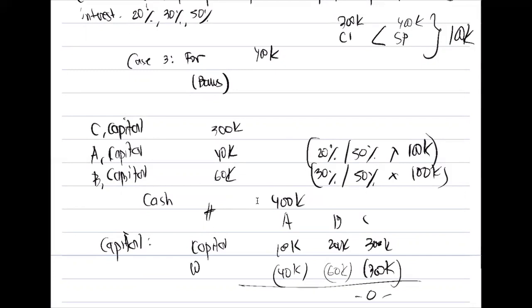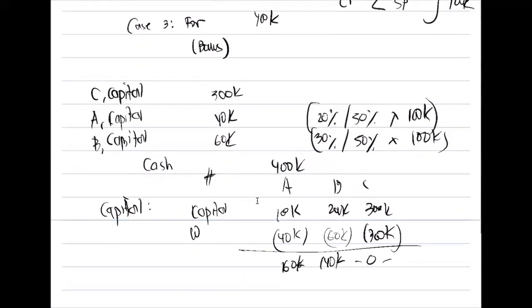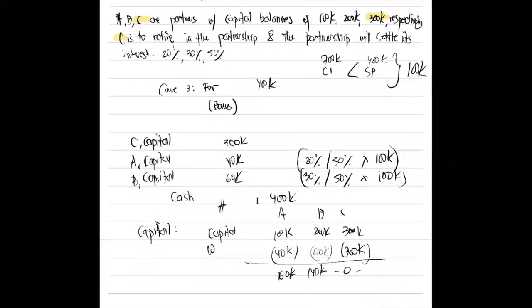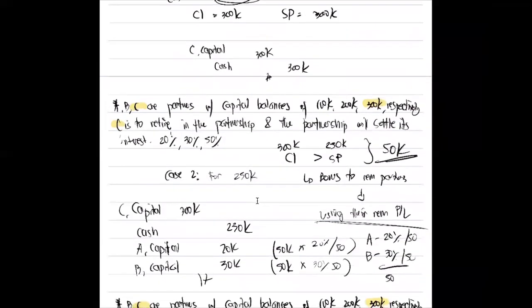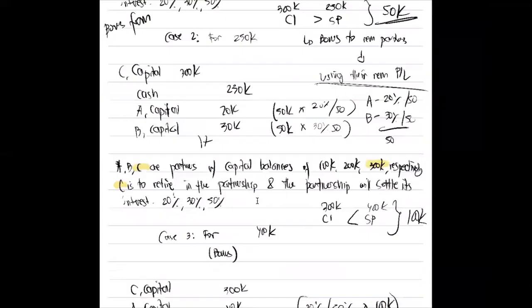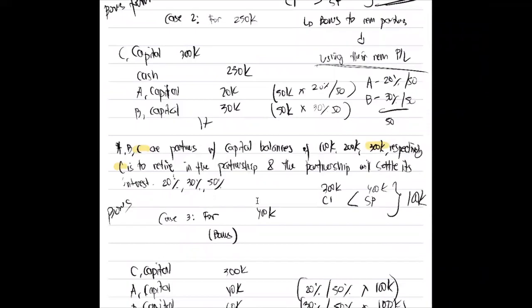Zero for C. For B, 200 less 60, 140,000. Okay? So that is how it goes. Here it is a bonus. So earlier it was a bonus from, and this one is a bonus to. This is considered as a bonus from. This is considered as a bonus to.